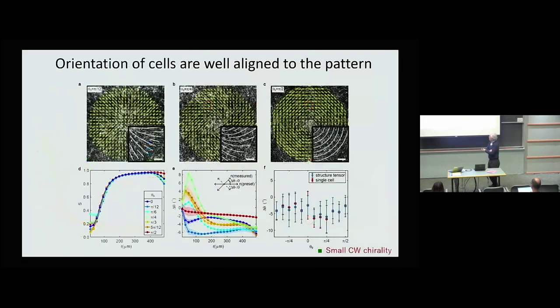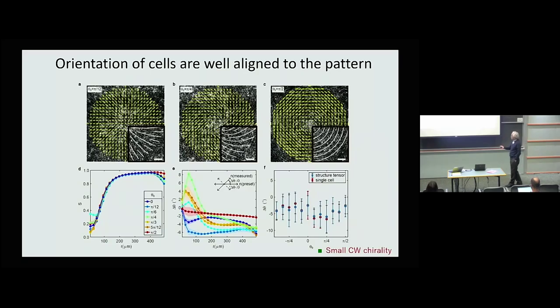So this is very contradictory to the prediction by linear active force theory. Next we checked how the orientation of cells is aligned to the pattern. At first we measured the orientation of the cells and compared it with the background pattern on the PDMS. This is the scalar order parameter measured from the orientation of the cells.